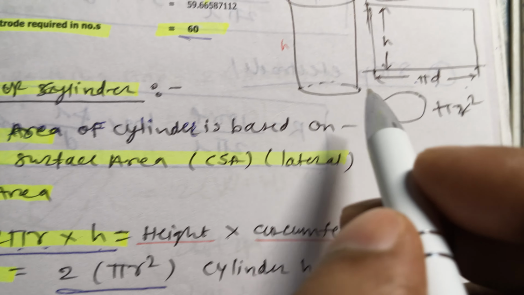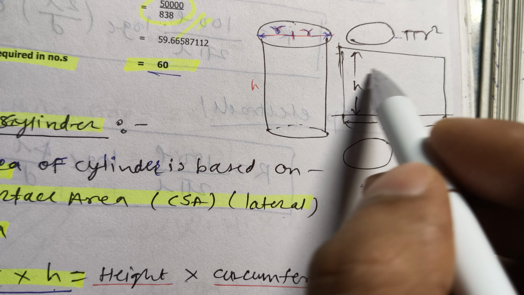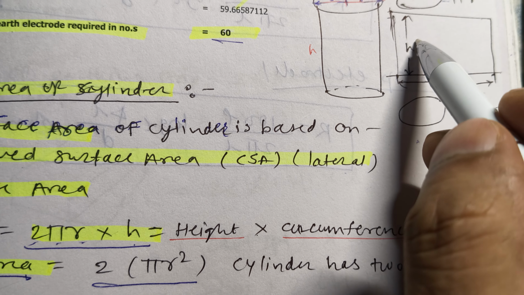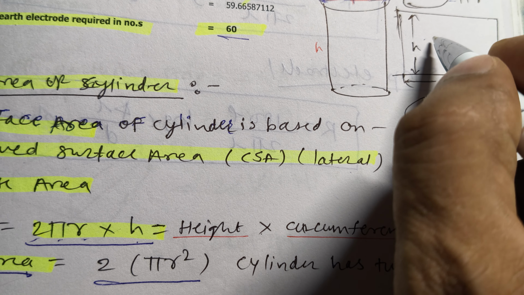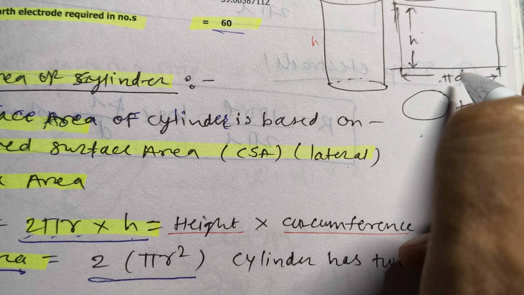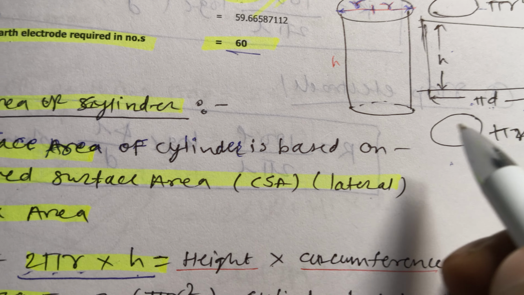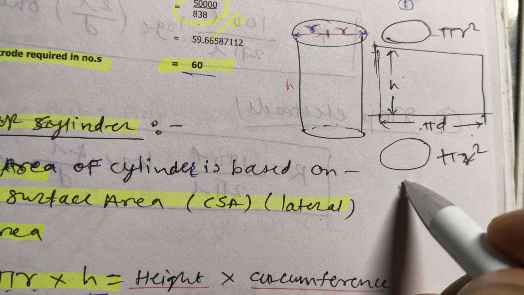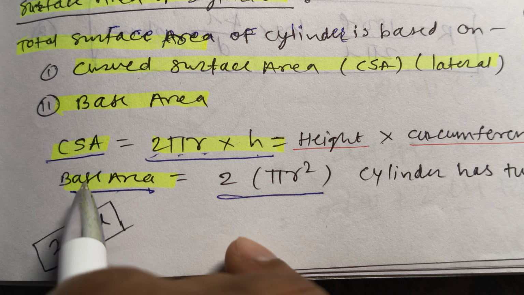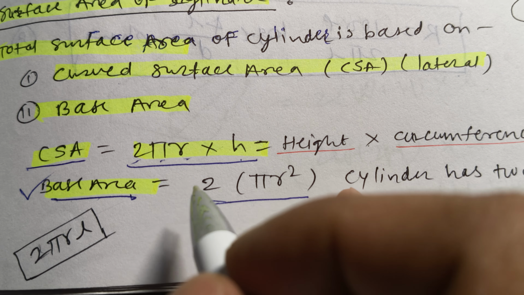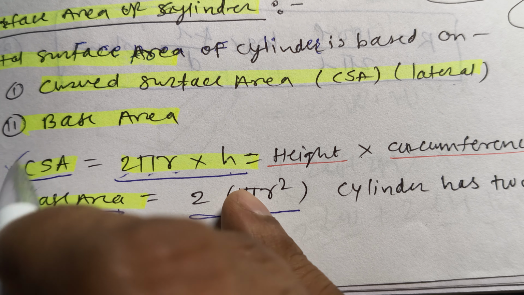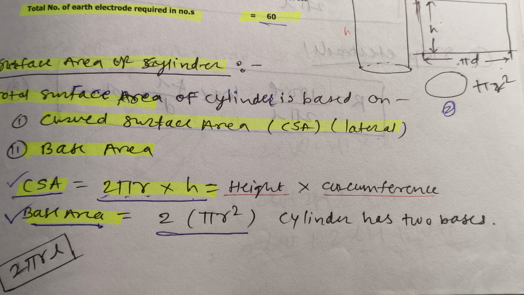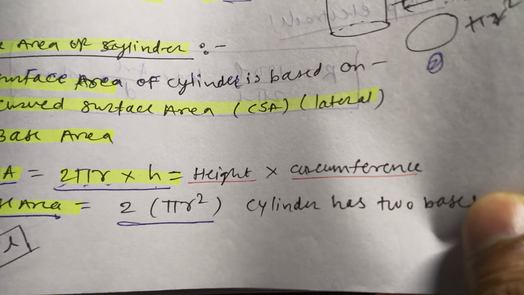When unfolded, it becomes the circumference into height, that is, height into width, the area of the rectangle. These two circles mean the base areas, and this is the curved surface area. So the surface area of the cylinder is calculated like this. So this will be the number of earth electrodes.